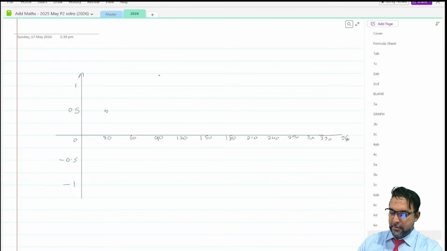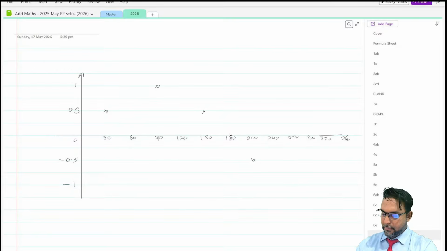Sine x is equal to sine, and sine 90 is 1, and then back down here, 270 is minus 1.